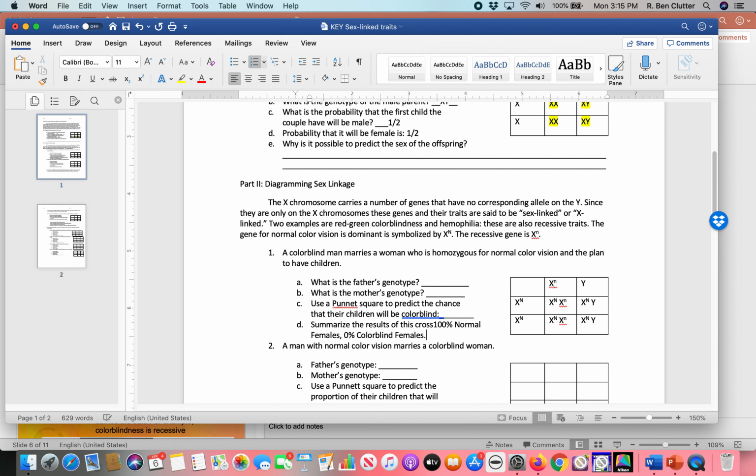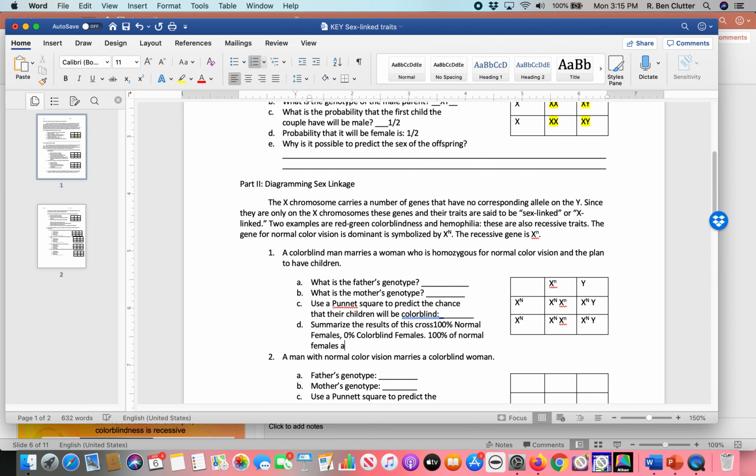Now, there's an additional thing you can note with the females. 100% of normal females are carriers. All right, and that's important. Whereas males, notice that both males are normal. So 100% normal males and 0% colorblind males.